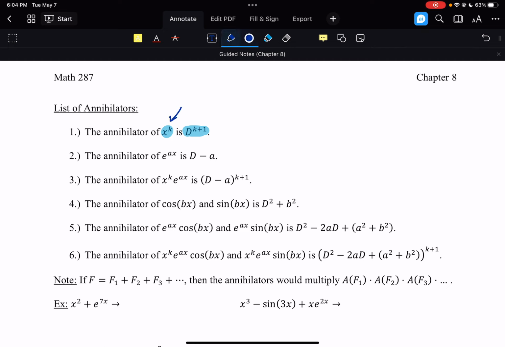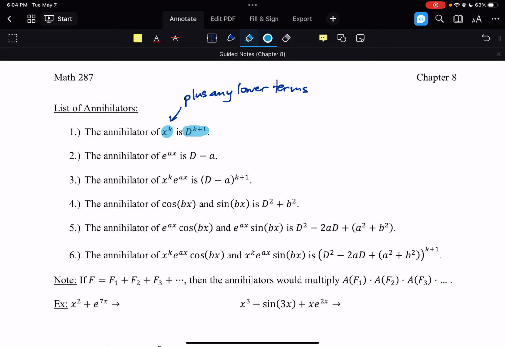This also would include any lower terms. If this was x cubed and we had x squared and x to the first or something like that, if x cubed is getting turned to 0, these will also become 0 first. So we don't have to worry about the lower terms.